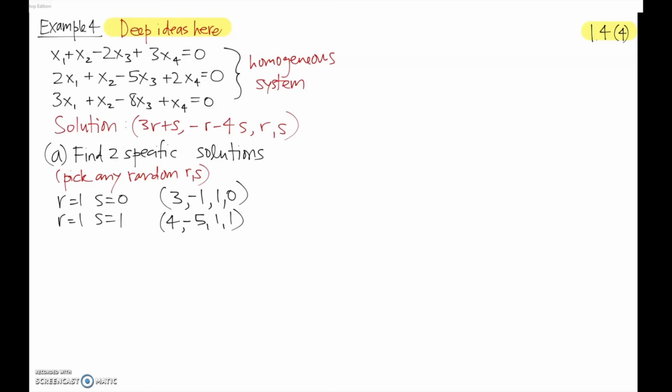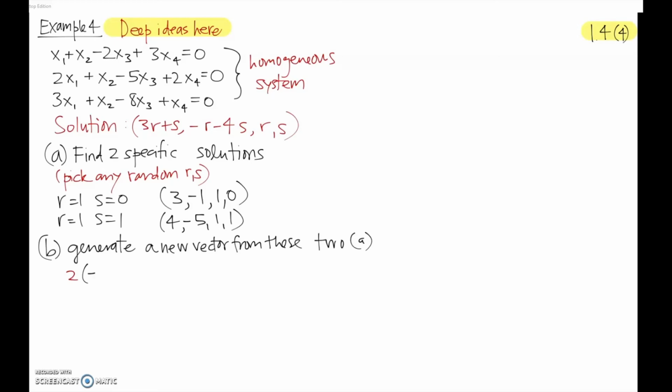And so the next thing, so we've done that. We've generated 2 solutions. The next thing that we're asked to do is generate a new vector from these two, from a linear combination of these two, from part A. Okay, well, a linear combination, if they say any new vector, I'll say, okay, let's take 2 times the first one.